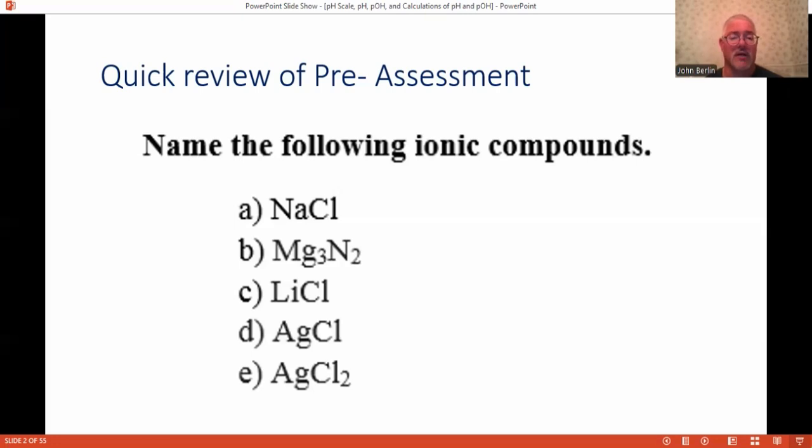So looking at the first one here, hopefully you recognize it because that's a very common compound. That's table salt. So once again, NaCl. Remember, the first letter is always capitalized. If it happens to have a second letter, that is lowercase, okay?